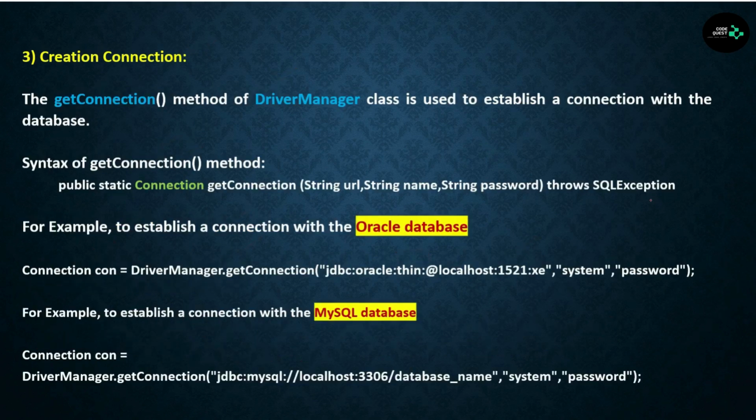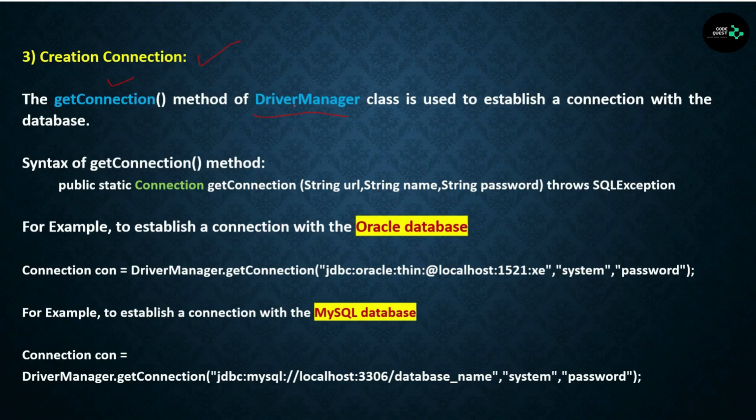Now, once we are done with the registration of the driver, next we will establish the connection. To do this, I will take the help of the DriverManager class. This class has one static method called getConnection.